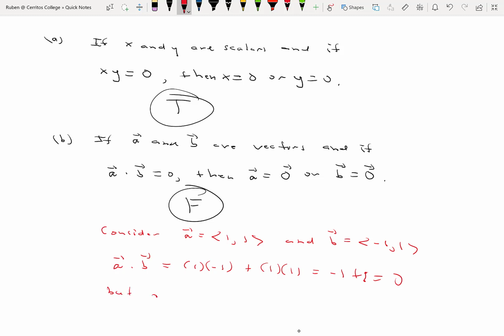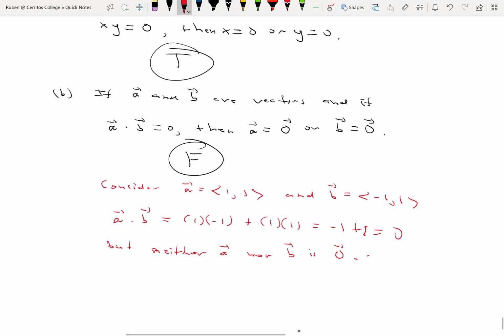But neither A nor B is the 0 vector. Neither A nor B is 0.